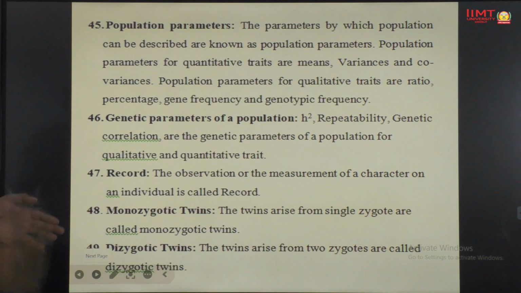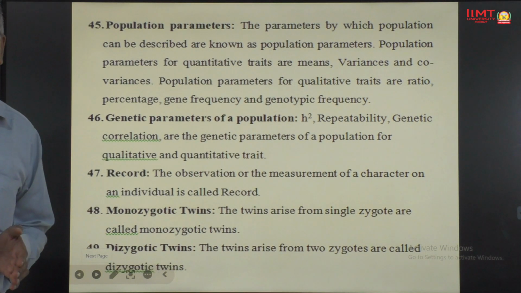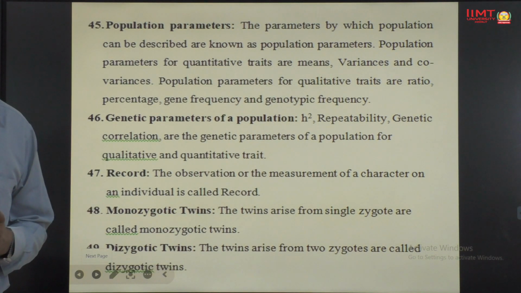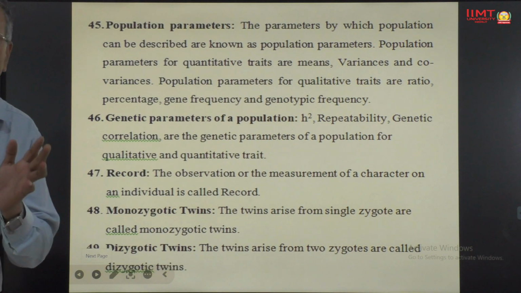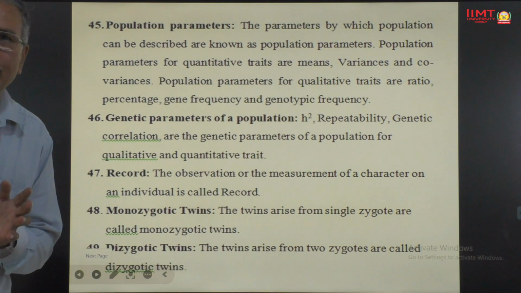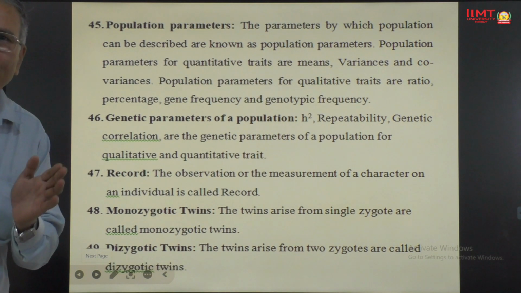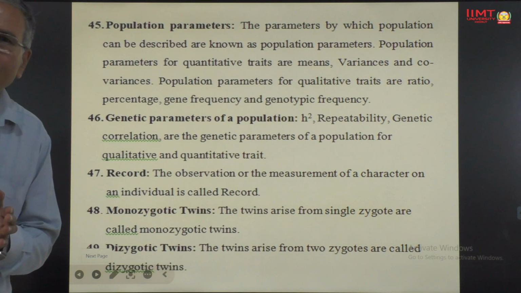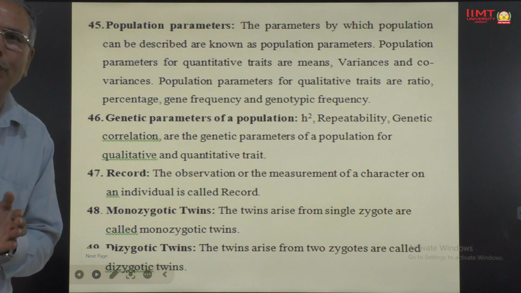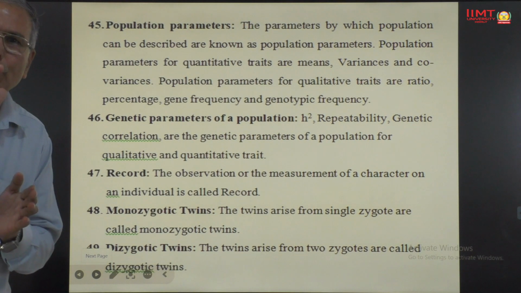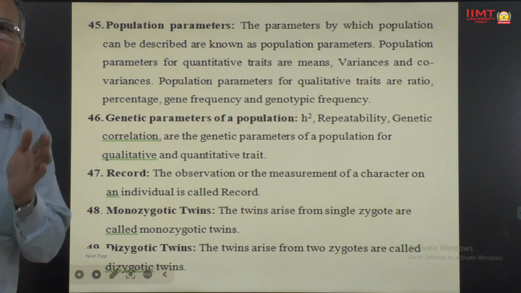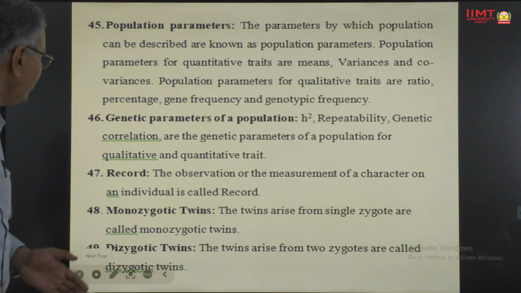Population parameters for quantitative traits are mean, variance and covariance, whereas population parameters for qualitative traits are percentage, ratio, gene frequency and genotypic frequency.